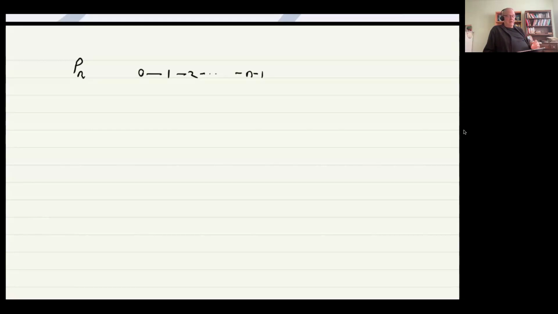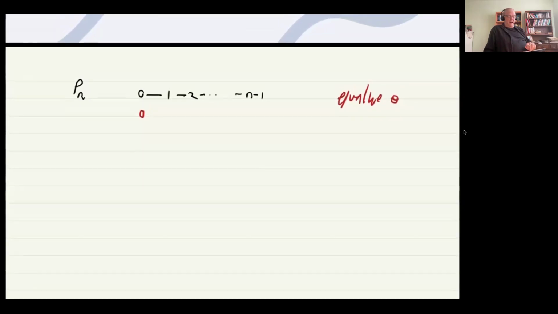Now I want to think about the case where it's 0. Actually, I'll do this in red because it's going to get crossed out. So if this is 0, let's suppose our eigenvalue is theta. We have the balance condition: the eigenvalue times the value of the function at the vertex is equal to the sum of the weights of the neighbors.